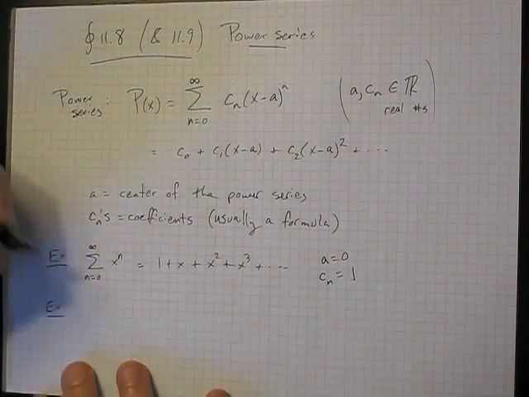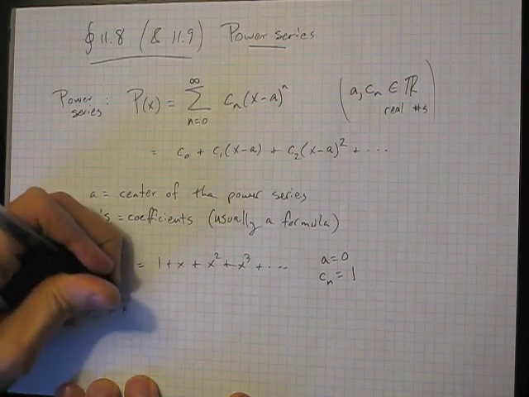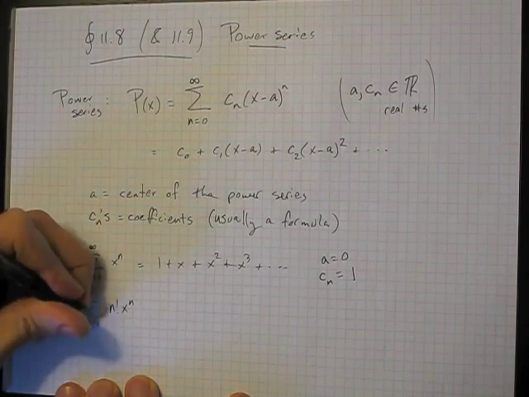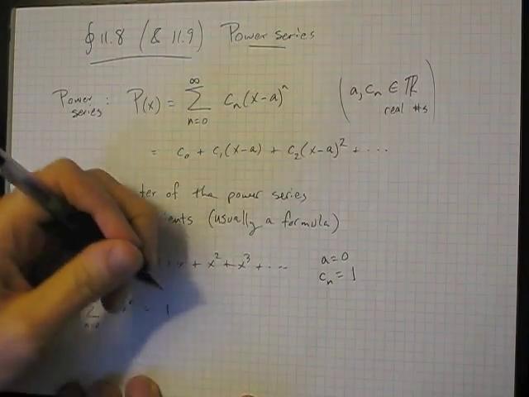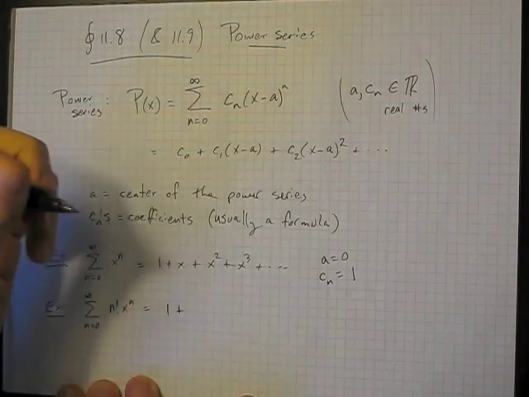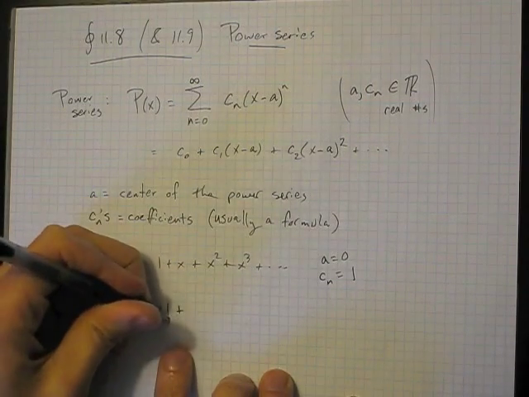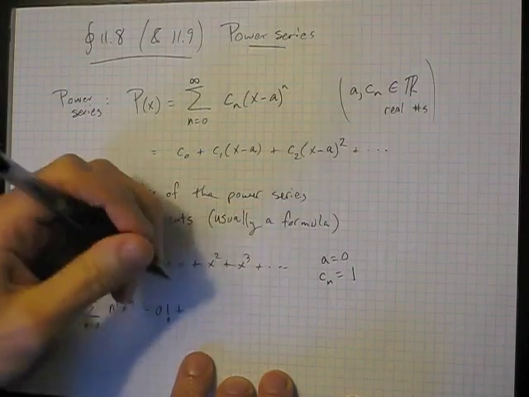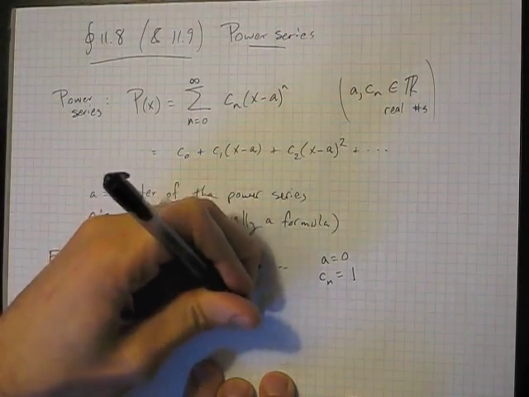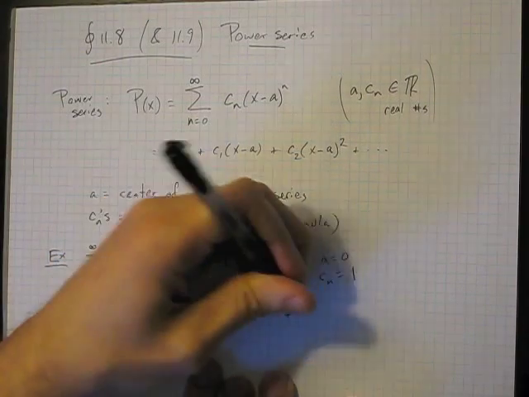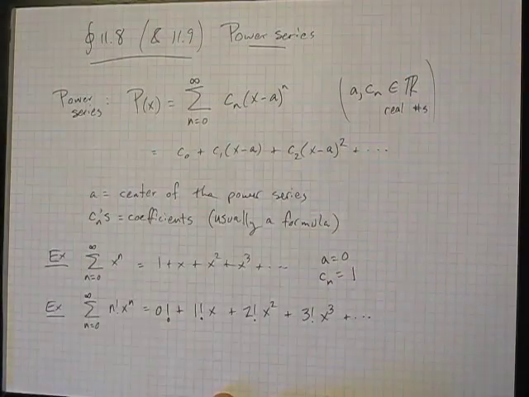Another example we had was the sum of n factorial times x to the n, starting at 0, going forward. The terms here look like 0 factorial, which is equal to 1, plus 1 factorial times x, plus 2 factorial times x squared, plus 3 factorial times x cubed, and so on.